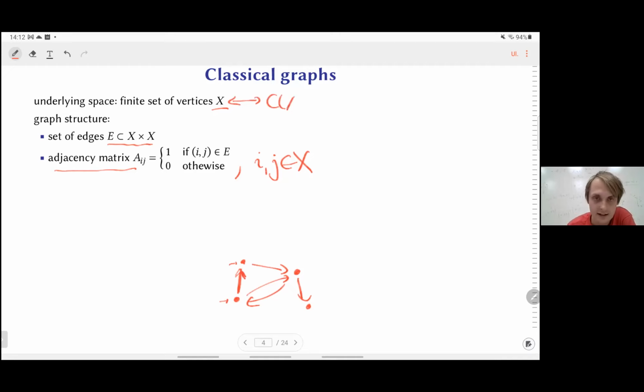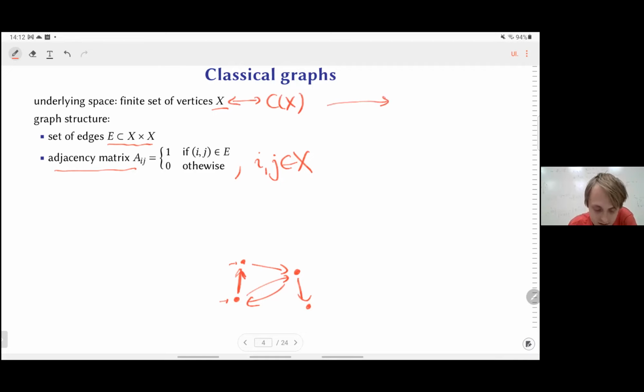Now it doesn't matter at all whether I take continuous functions or finitely supported functions or all functions, because all those notions are the same since this space is finite, so we don't have to deal with those topological nuances.